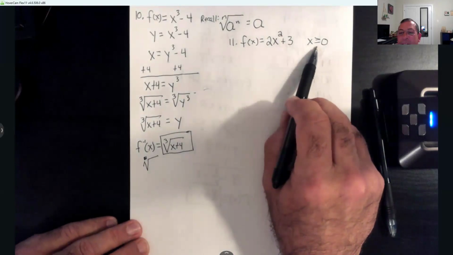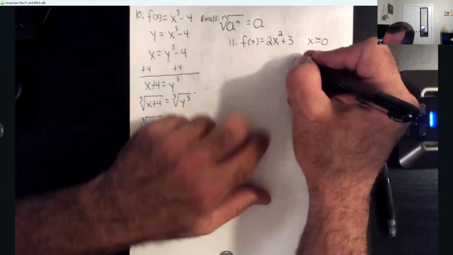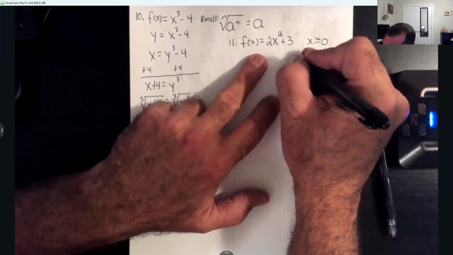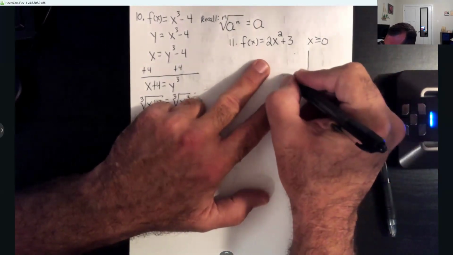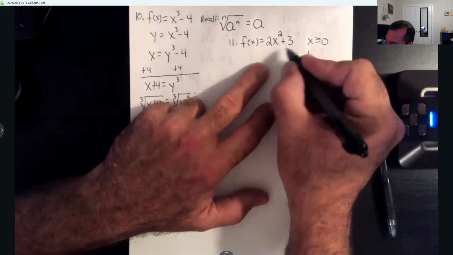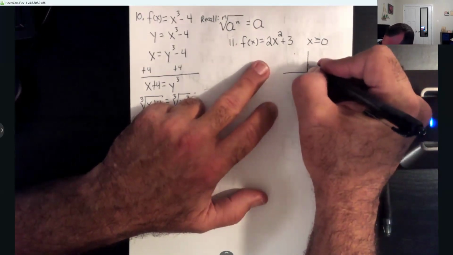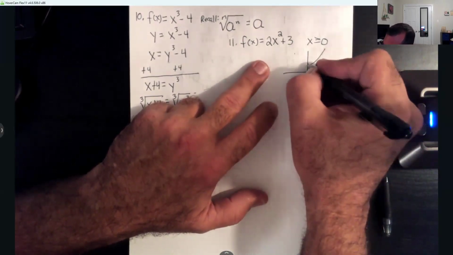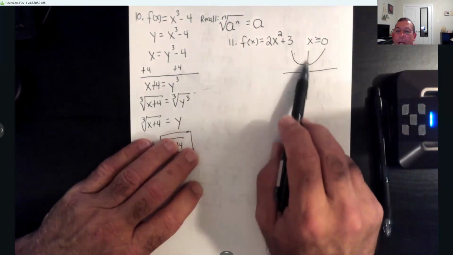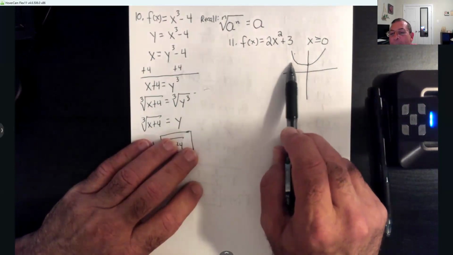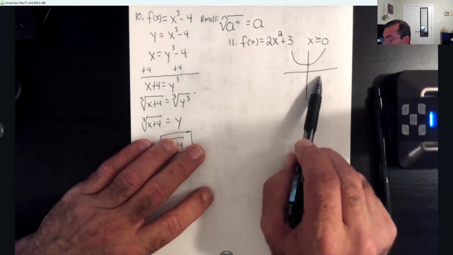The reason they're saying this, because if we were to graph that, and all the x's were here, it would look like a parabola. Well, this parabola wouldn't be 1 to 1, right?